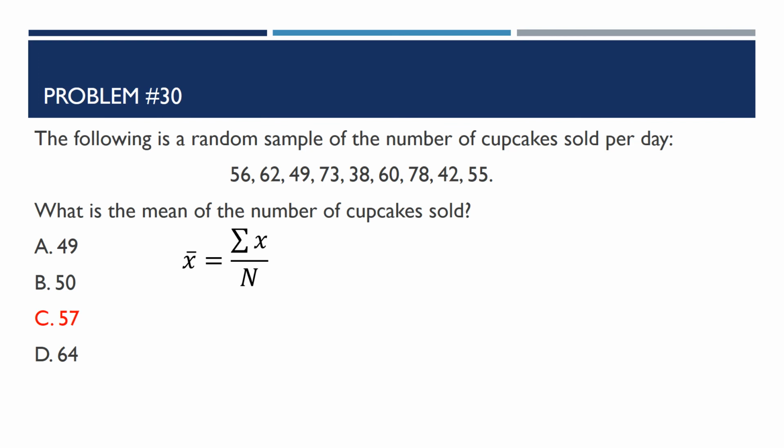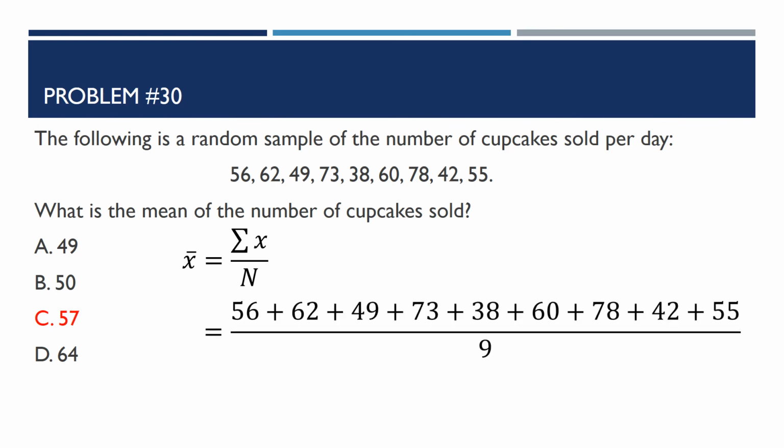And the denominator is the n, or the number of values given. In this case, there are 9 given, so the denominator is 9. I'm going to add all of them and put it in the numerator. So the sum is 513, and then we will divide it by 9 because there are 9 of them. So the mean is 57.